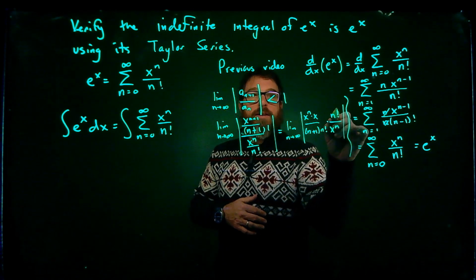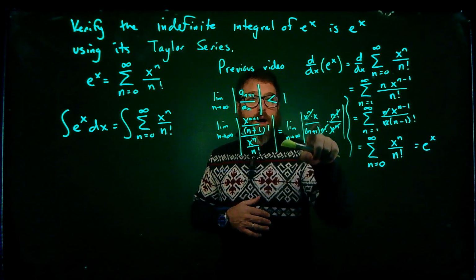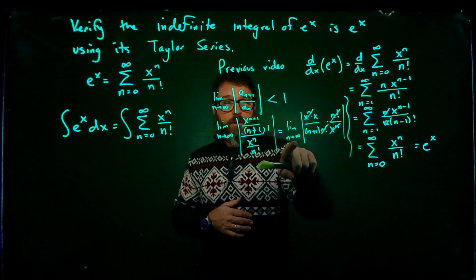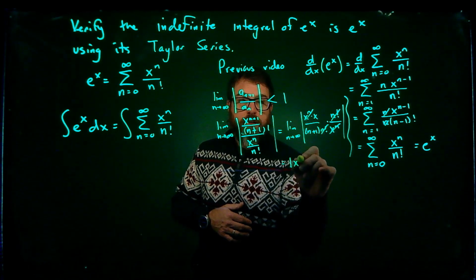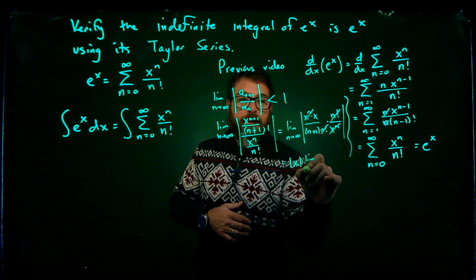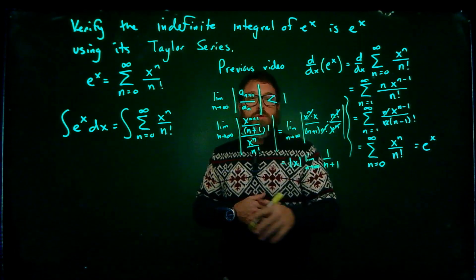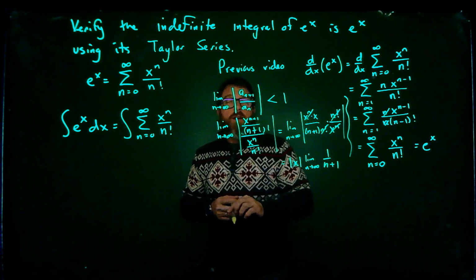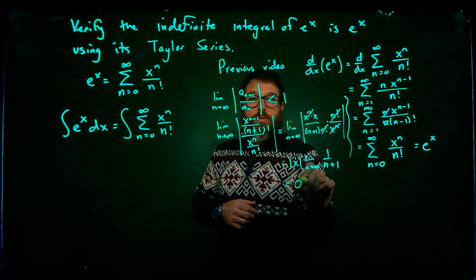Now we can see that the n factorials will cancel, and x to the n will cancel. Remember this is the limit as n approaches infinity, so I can pull out the x because it's a constant with respect to this limit, and this is going to be equal to the limit as n goes to infinity of 1 over n plus 1. I can drop the absolute values because we know that n is going to be positive. And this limit is equal to 0, which is always less than 1.